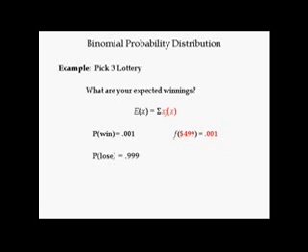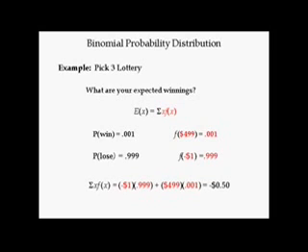The probability of losing is 0.999, which can be denoted F of minus $1 equal to 0.999. Hence, your expected winnings are minus $1 times 0.999 plus $499 times 0.001, which equals negative 50 cents.